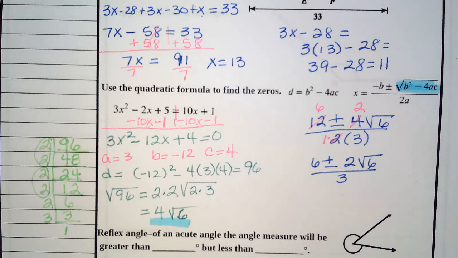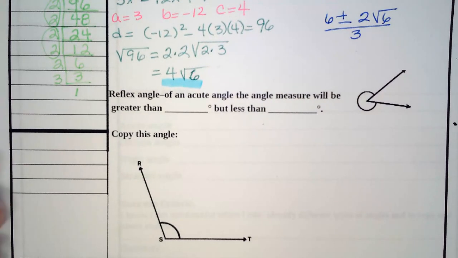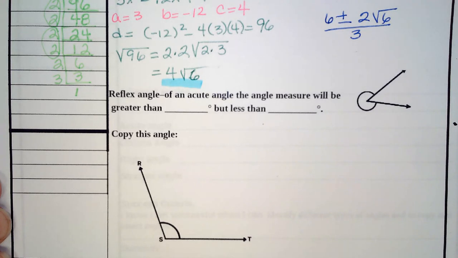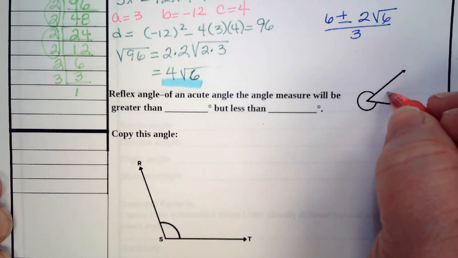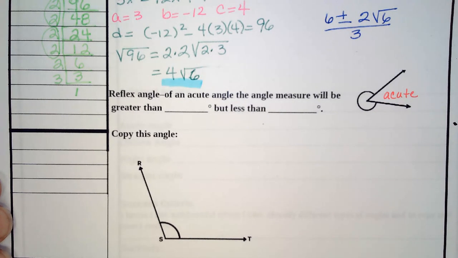So right now we've kind of switched gears and gone from doing a lot of algebra to looking at geometry. So there's new things in geometry that you need to learn. If we are looking at a reflex angle of an acute angle, this is my acute angle, because it is less than 90 degrees. So it's greater than 0 and less than 90.